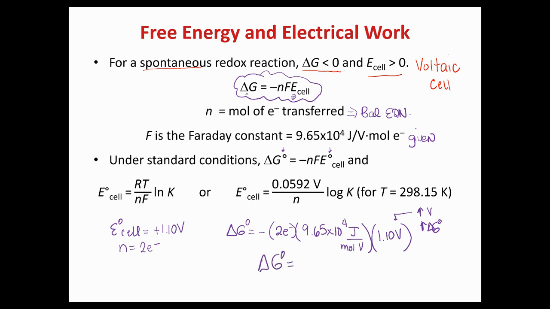I was talking while doing all this, but I do believe we get 2.12 times 10 to the 5, which would be in kilojoules, sorry. The bottom part here is weird, sorry.